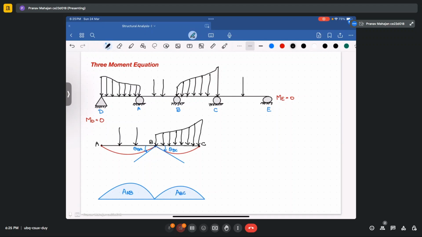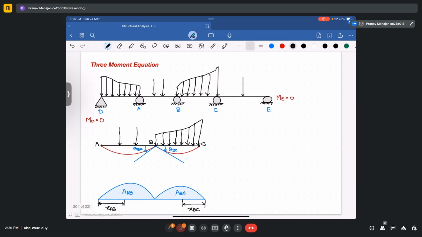So now the distance from the end will be here, this H. To determine the moment of the area, it will be HAB, or we can say this distance is the centroid of the area. This will be HBC.